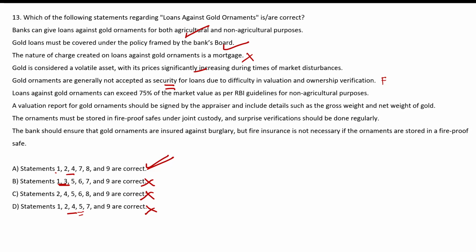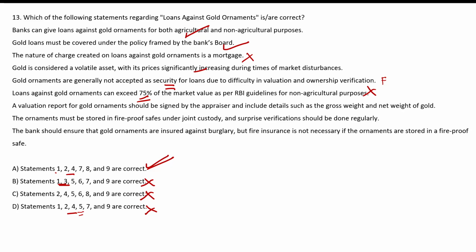But for our purpose, let's read other statements as well. Gold ornaments can exceed 75%. Can they? No. LTV should be capped at 75%. Valuation report should be signed. Yes, should be signed by the appraiser and include all the details. Ornament must be stored in safe, fireproof safes under joint custody supervision. This is also correct.